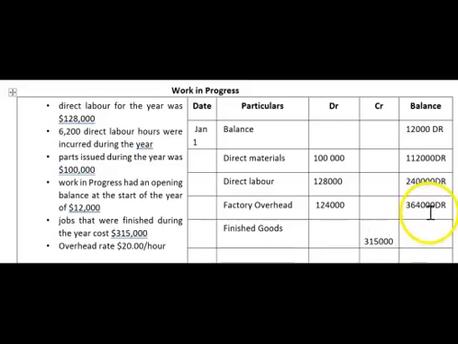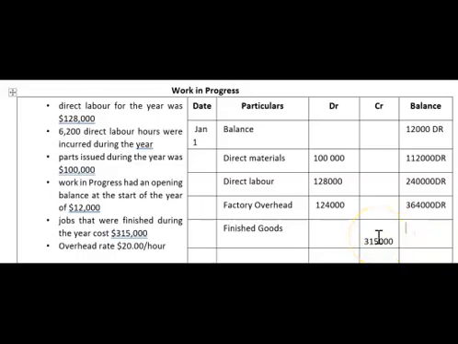So we'll minus: a debit balance and a credit entry. In this part of the question, with a debit balance and a credit entry, we're going to minus to find the new balance. So from the progress, this much we have already used, direct materials, direct labor and overhead, and this much has been completed.